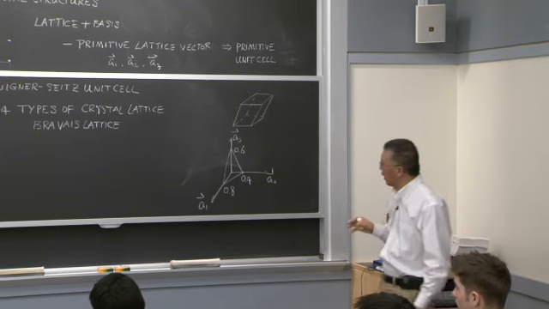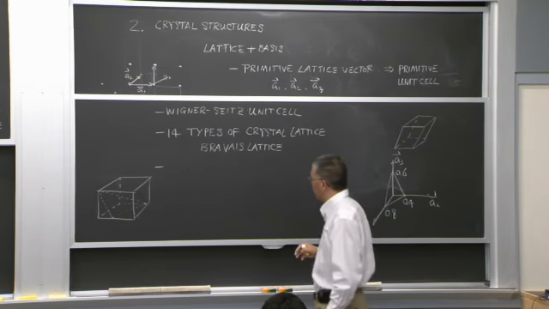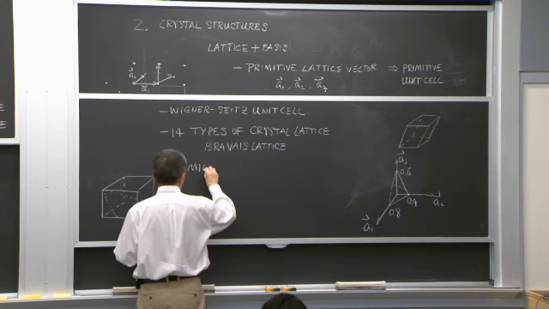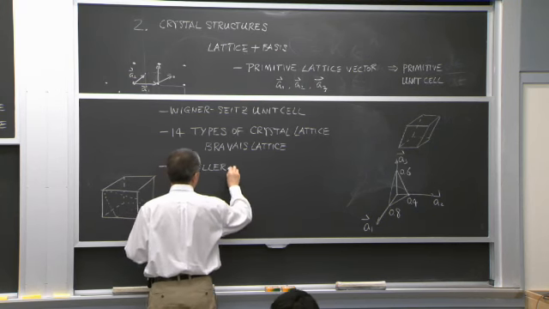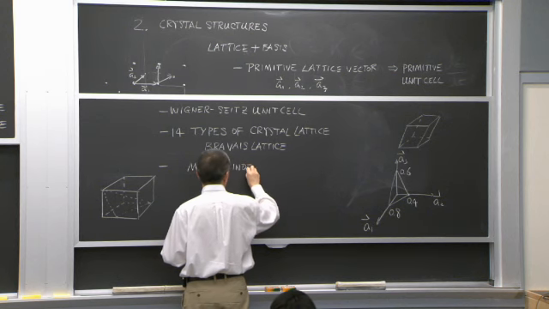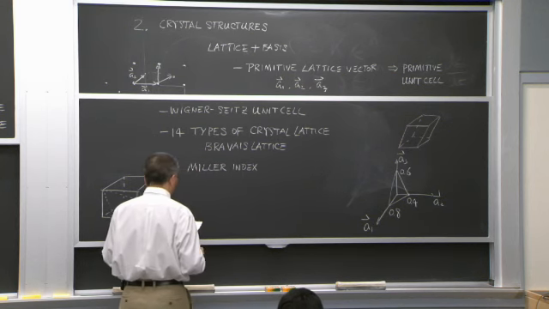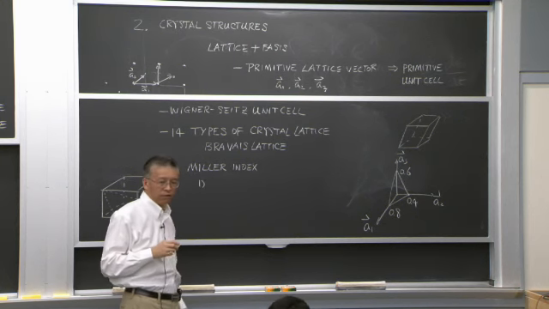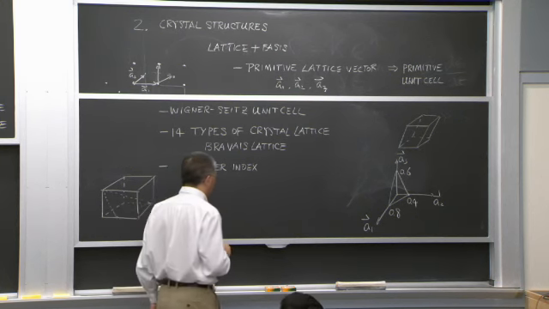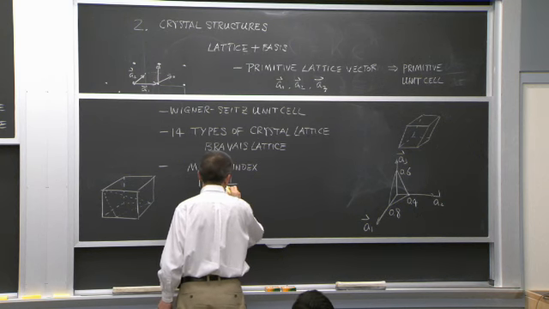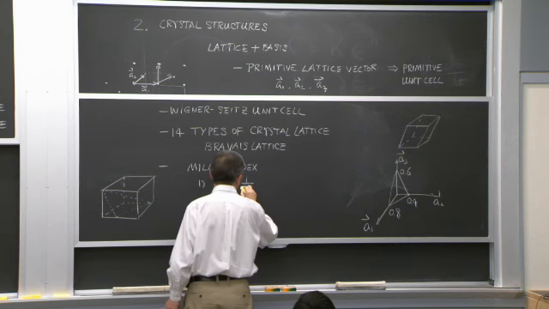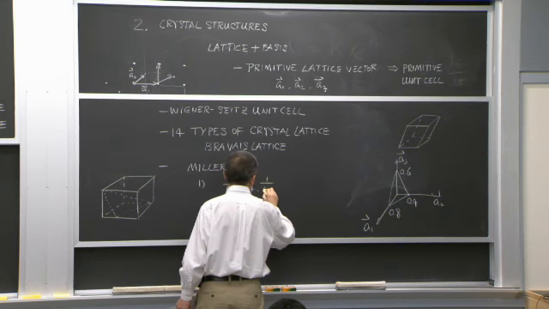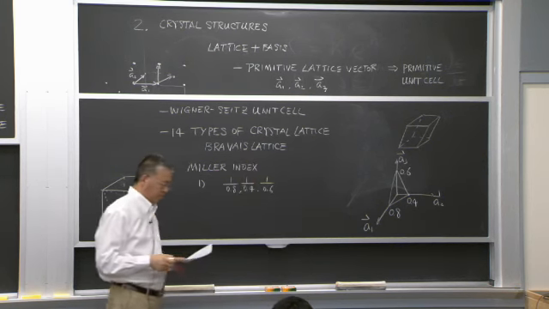And the way I label this plane is the Miller index method. The first step is you take the reciprocal of those numbers. The reciprocal of 0.8, 0.4, and 0.6.